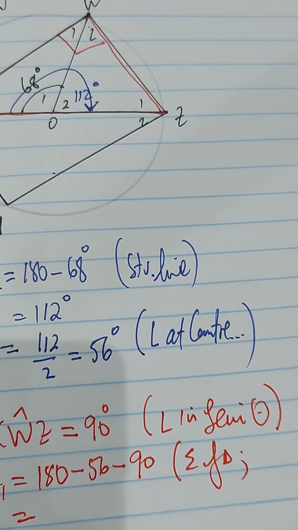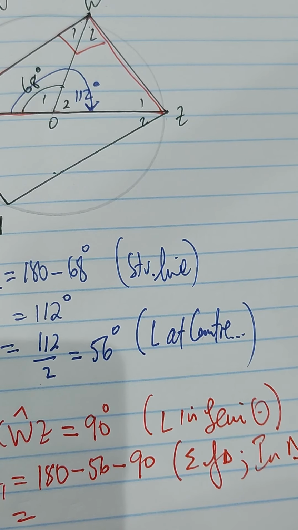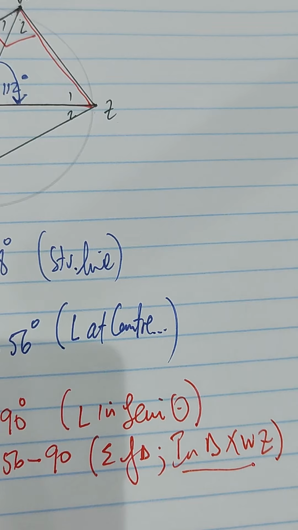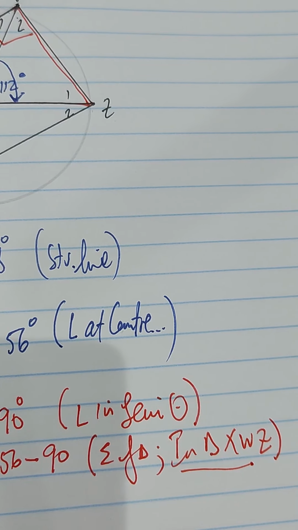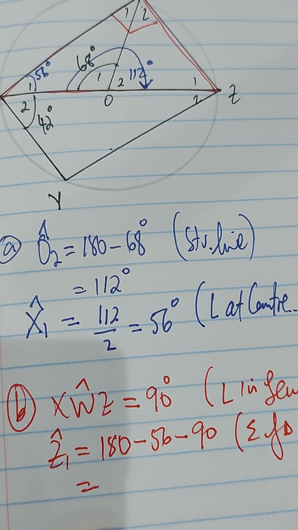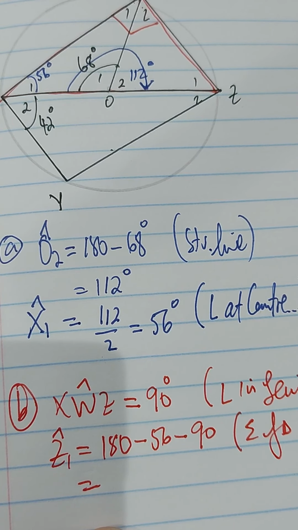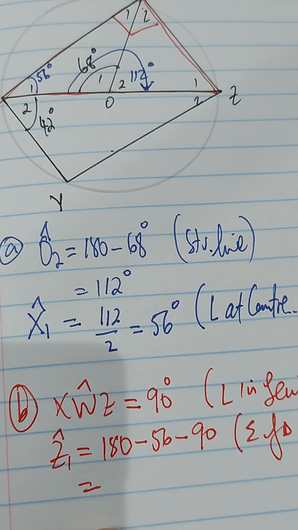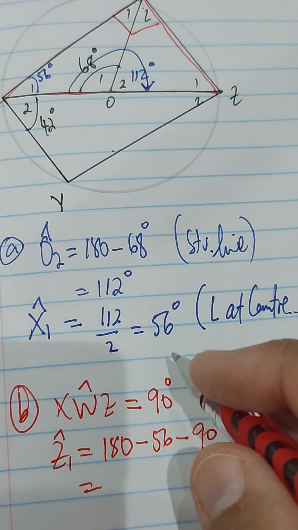Again, I name the triangle I'm working in. Do I have to say this part here? No, you can leave it out. You won't lose any marks there. So that would simply be 180 minus 90 minus 56, which is an angle of 34 degrees.